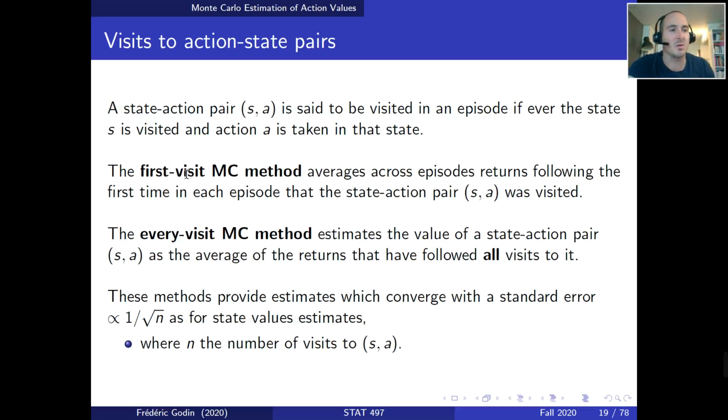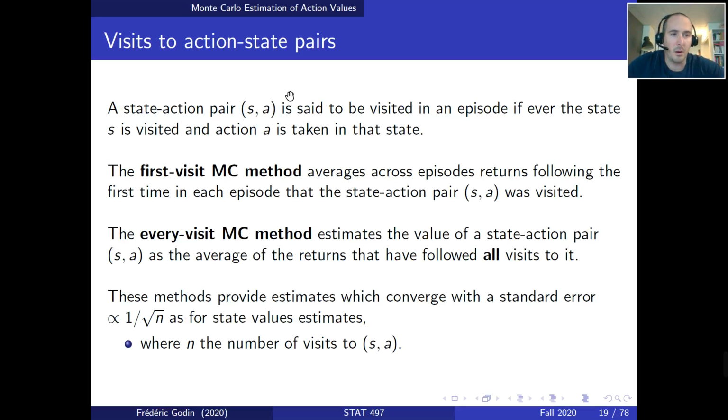Okay, so first visit only considers the first visit to SA in a given episode, whereas in the every visit method, if the state action pair was visited multiple times in a given episode, then you'll consider all returns associated with these state action pairs, and even after simulating many episodes, you'll average all such returns for all visits across the episodes of the state action pair SA.